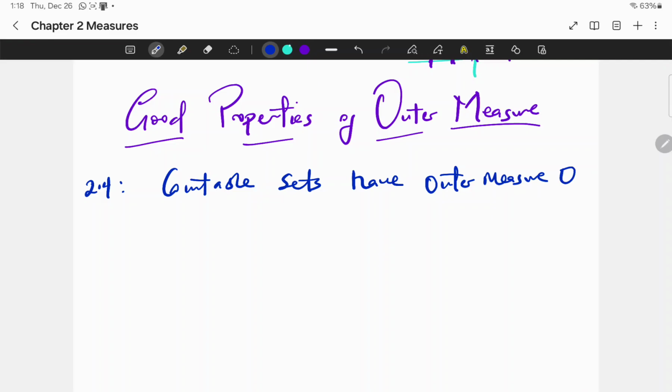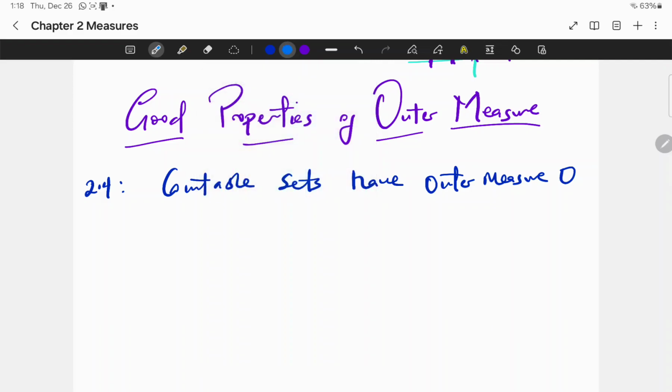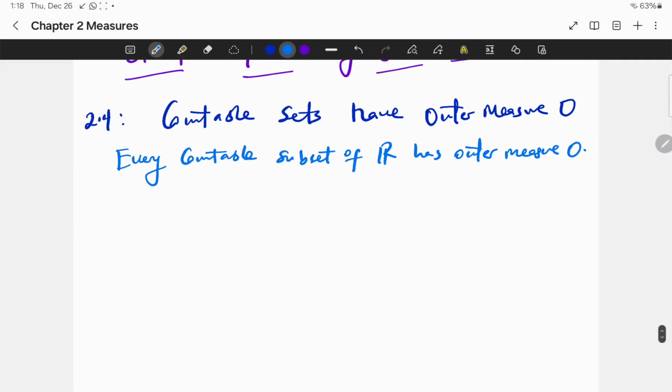That means every countable subset of R has outer measure 0. So let's check the proof.